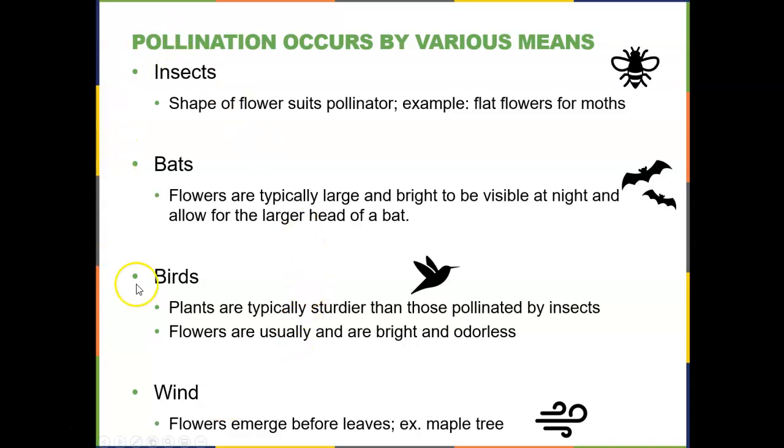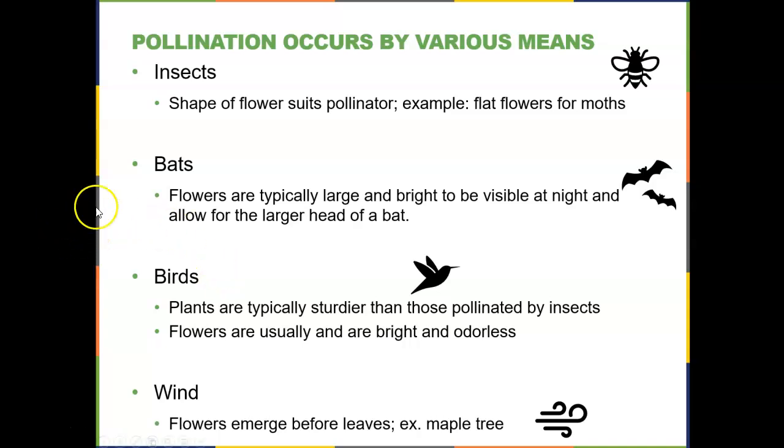Now, for all of these pollinators, these organisms are not pollinating the flowers because of their goodwill. They are actually pollinating the flowers because the flower produces a nectar, which is a sugary syrup that the pollinator is after to consume for food.